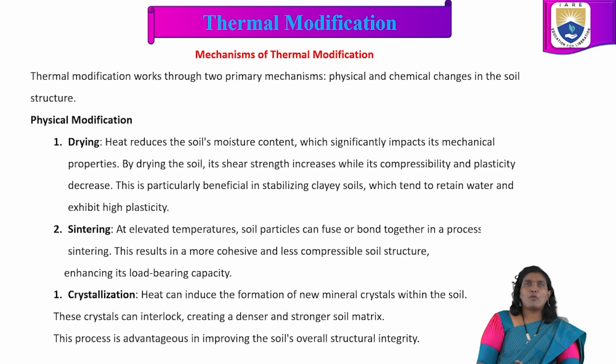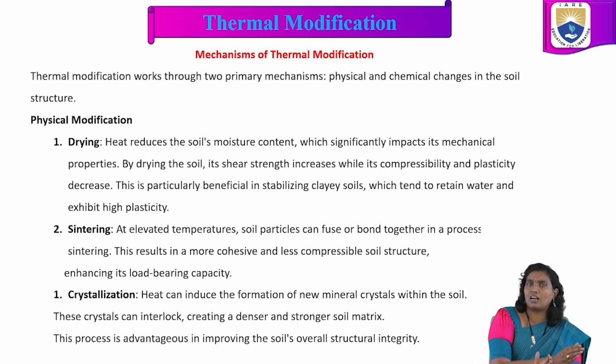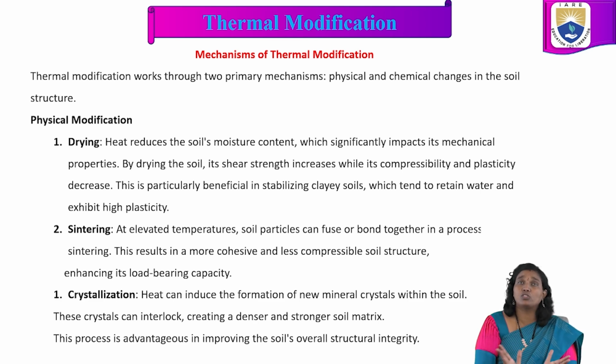Thermal modification works through two primary mechanisms: physical and chemical changes in the soil structure. In physical modification, drying and sintering are there. In drying, heat reduces the soil moisture content. We know whenever the soil has some moisture and we keep it in the heat, at the required temperature, it is going to dry.